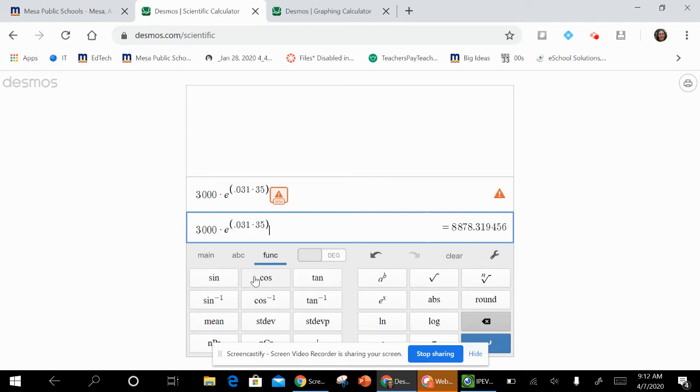That's where they have e. So I did 3,000 times e, and then it automatically raises it 0.031 times 35. Notice you do have to do parentheses around it. So we get the balance is equal to $8,878.32. Everybody remember, we always round to the tenth place.